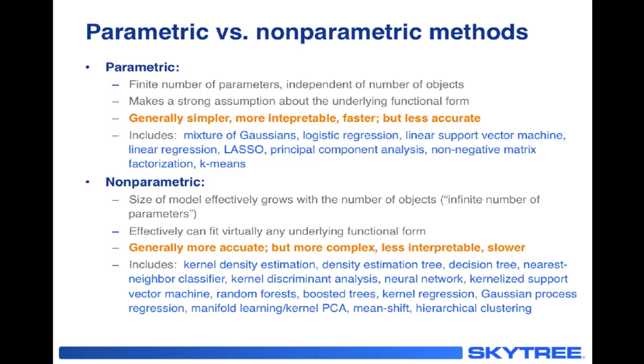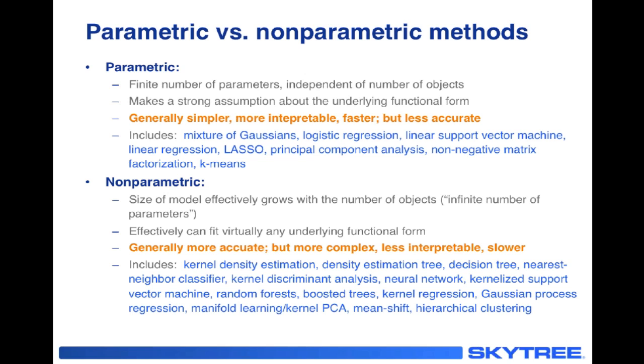Okay, so this is probably the most important thing. Parametric versus non-parametric. It's a little confusing. It's kind of simple in principle, but it can be very confusing, in part due to the terminology. So essentially parametric models are simple models, non-parametric models are complex models.